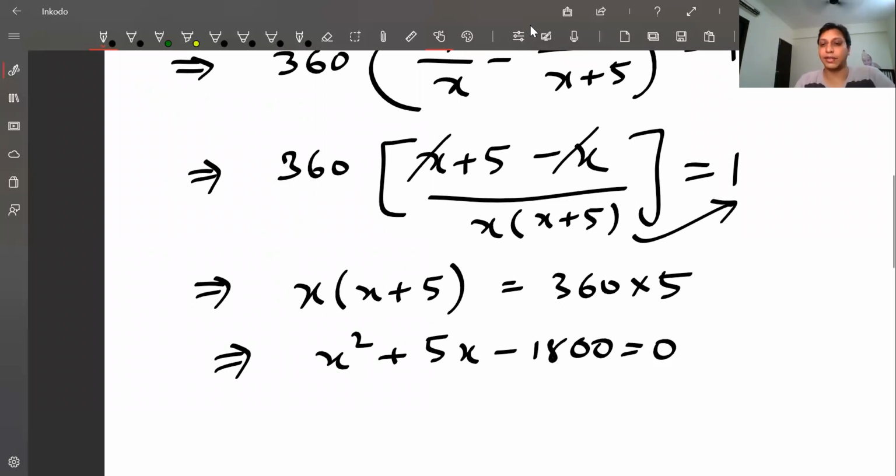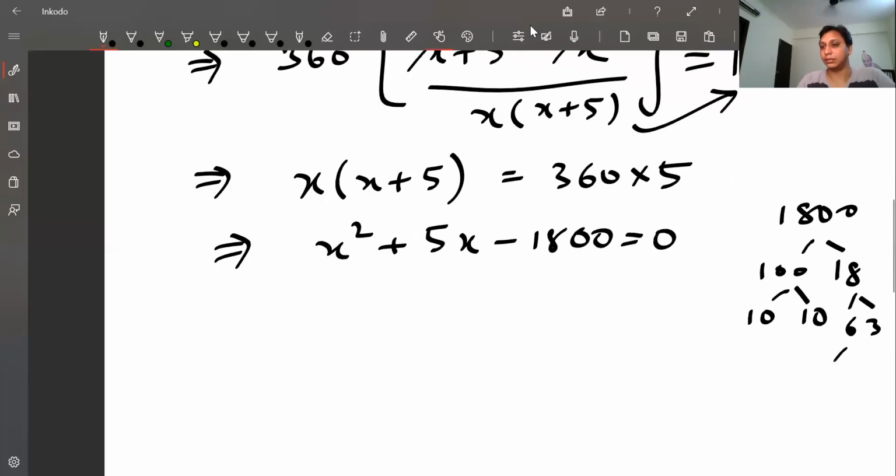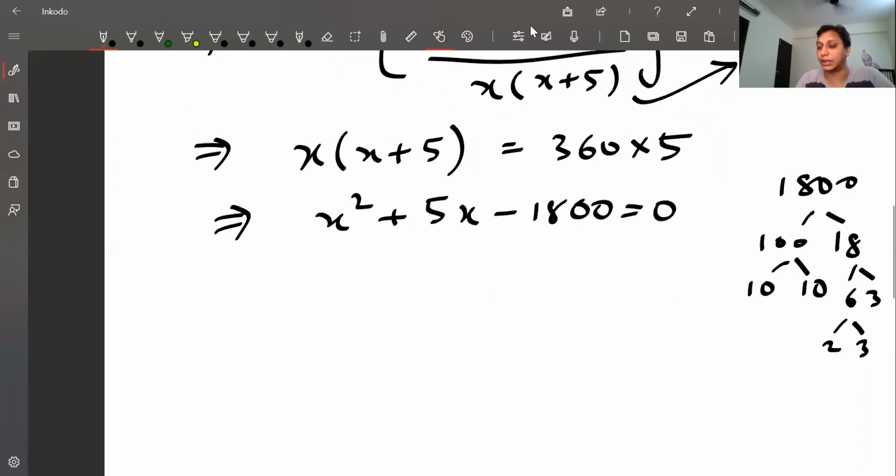Now we need to find the factors of 1800, which will give us 5. So 1800 we can split as 100 into 18, and then 10 into 10, so this as 6 and 3, 2 and 3.